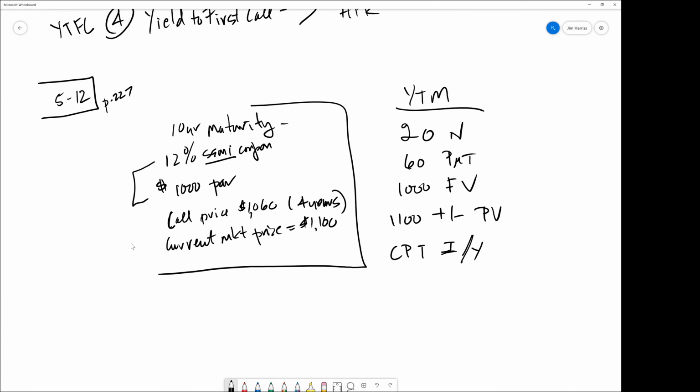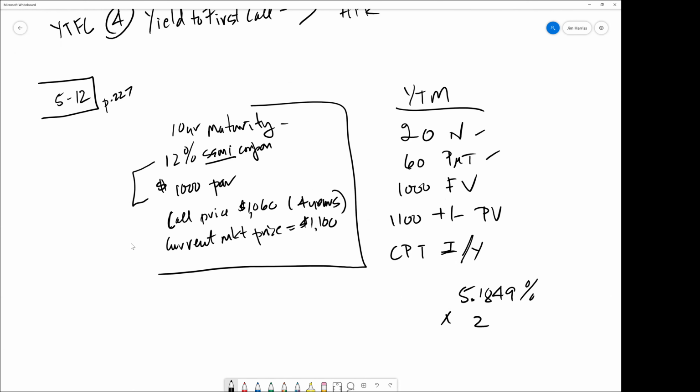All right, let me look these numbers up. Okay, what you're going to get is 5.1849 as a rate of return. But understand something, that's a 6-month rate because you've asked it to calculate it on 6 months.